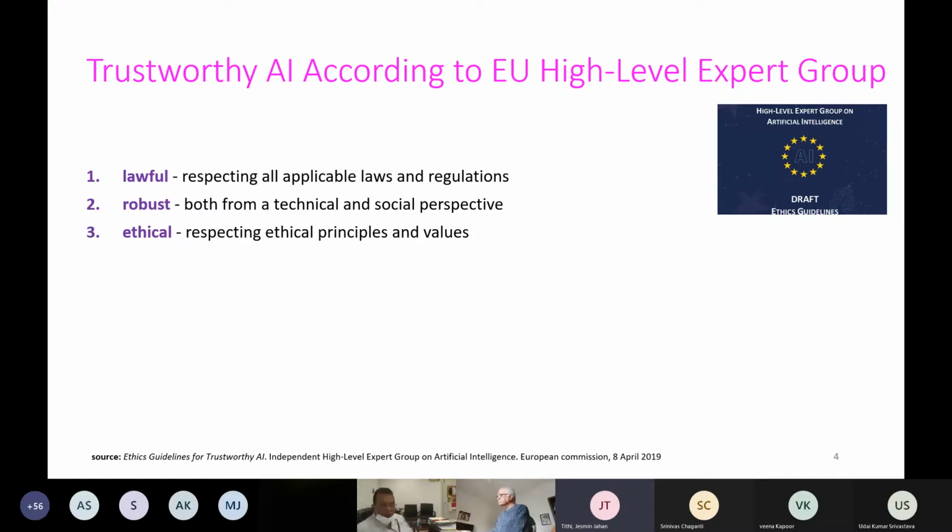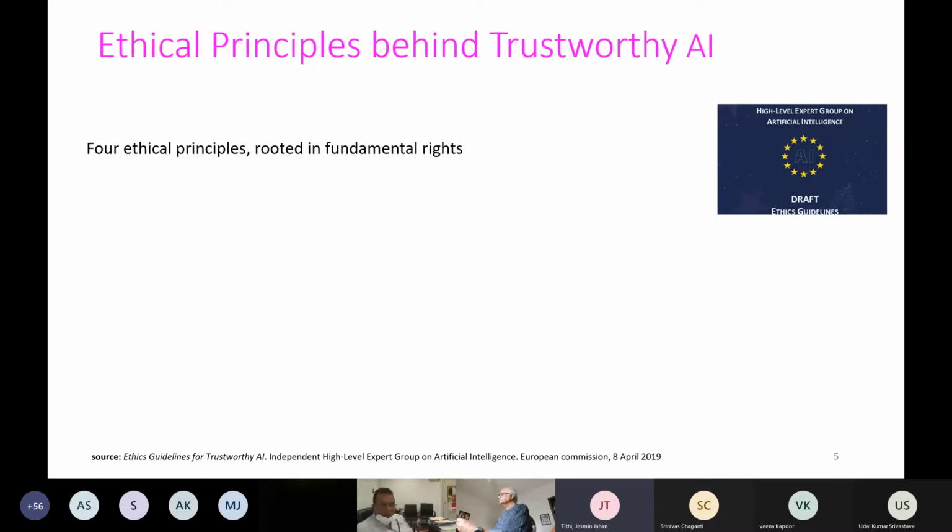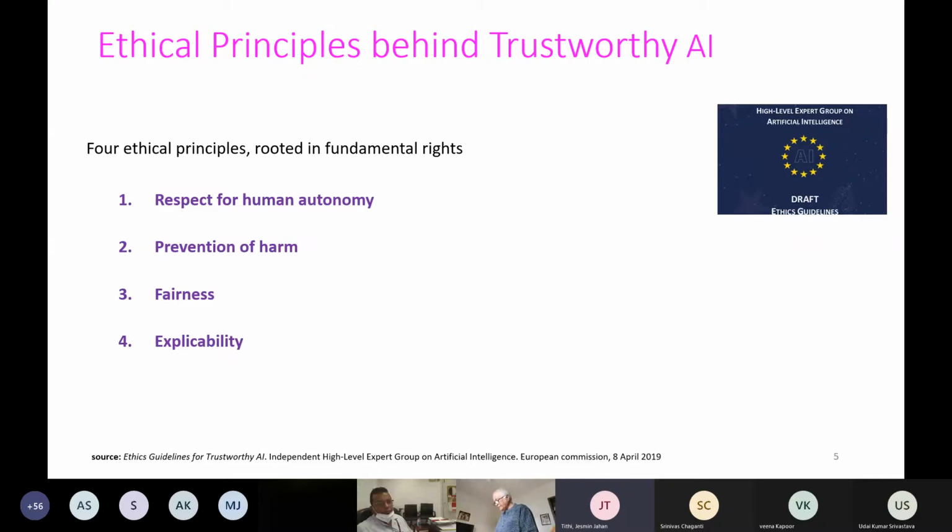Their definition of trustworthy AI is based on four ethical principles which are rooted in the fundamental rights of human beings, and those are respect for human autonomy, prevention of harm, fairness, and explicability.